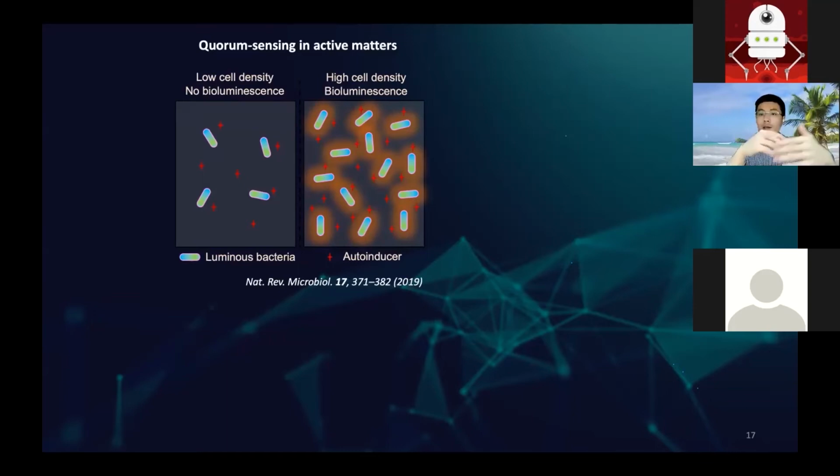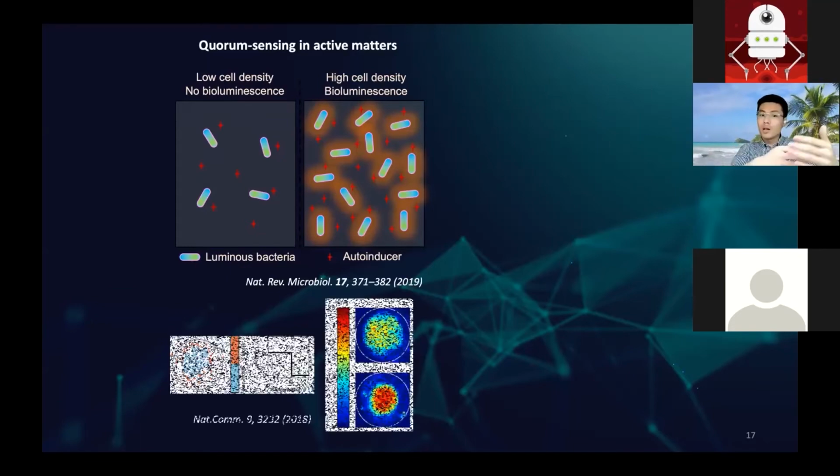At high density, the concentration of the autoinducer increases, so the communication between those bacteria also increases. In that situation, those bacteria can make a consensus decision to emit light. So this quorum sensing behavior is actually a population density regulated collective behavior, and this quorum sensing rule has also been adopted to understand the phase transition behavior in active particle systems.